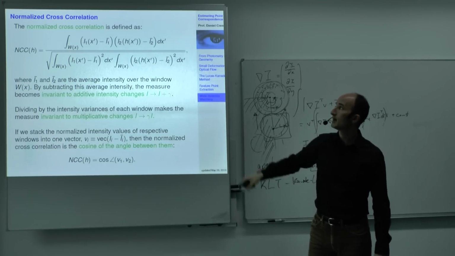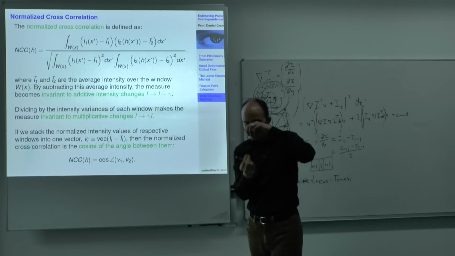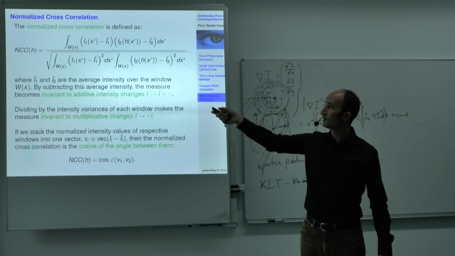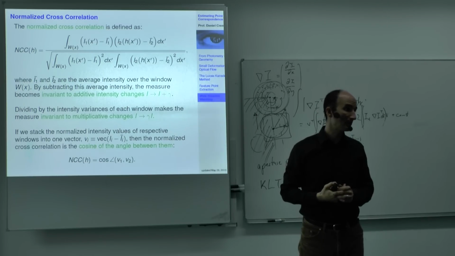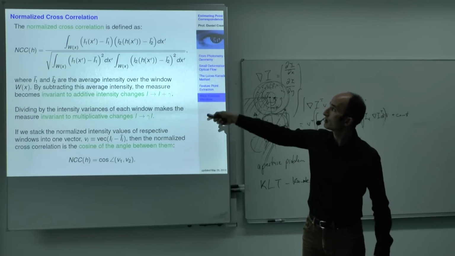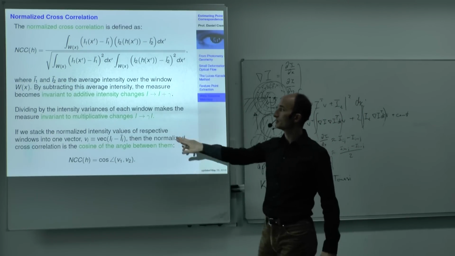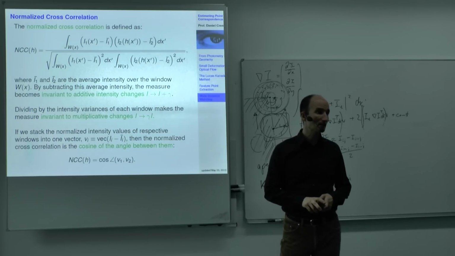So we divide by the length, meaning we take the unit vector. We take all the brightness values, consider them as a vector in a high dimensional space, and then just normalize by the lengths. Why do we normalize by the lengths here? To also get invariance to multiplicative brightness changes.